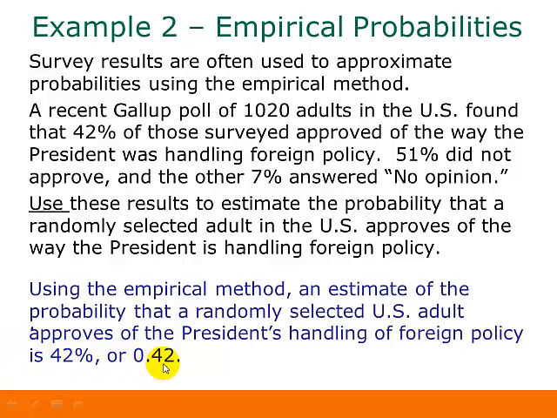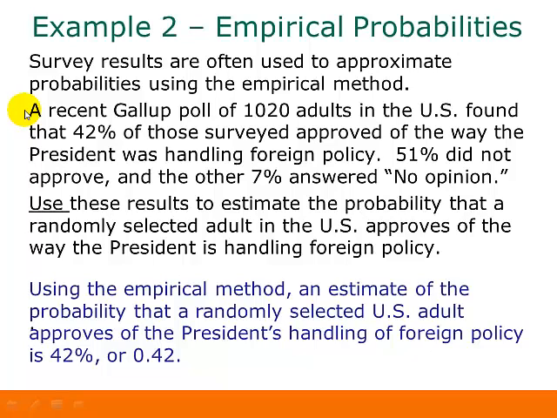Again, we're using results from past trials of the experiment. In this case, the experiment would be selecting one adult and asking them the question in the survey.